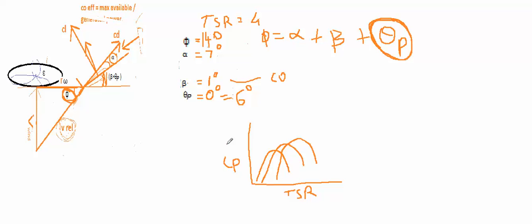But for now, I just want you to understand that we design twist for a particular tip speed ratio. But if the tip speed ratio changes, we have to compensate for that change in the angle phi. For that, we pitch the blade. So when the tip speed ratio was 8, right here, our pitch angle was 0 degrees.